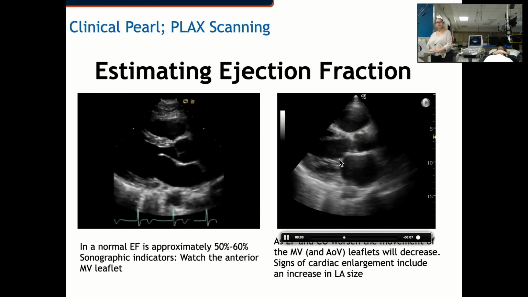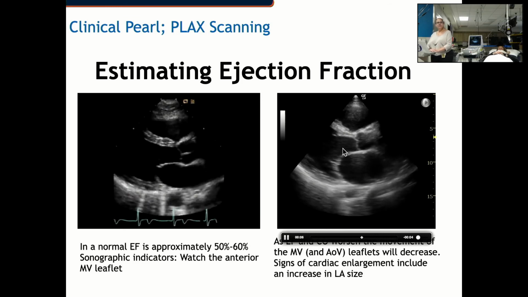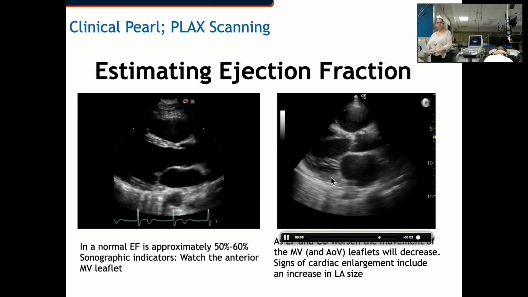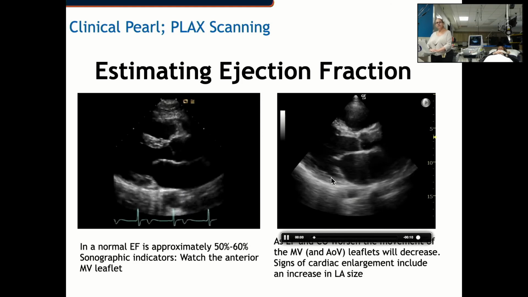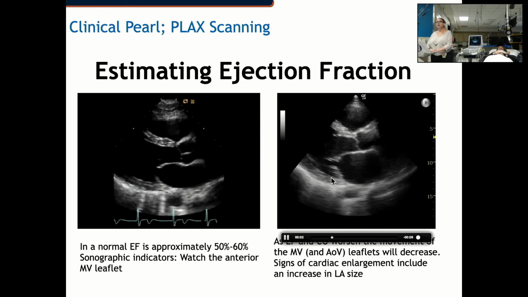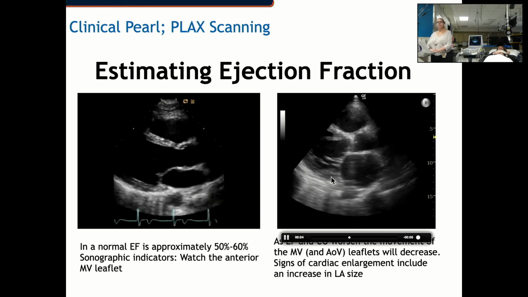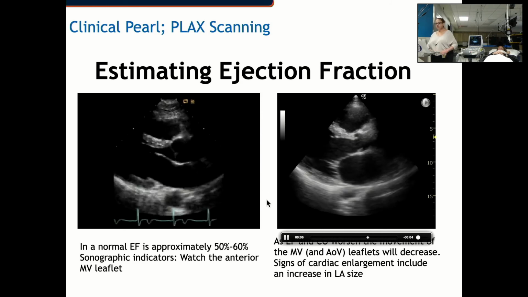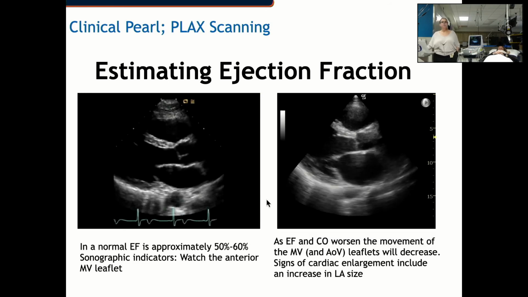And so you don't know why these valves are not opening fully. All you know from this view is they are indeed not opening very well. Not the reason, not the cause, just the impact.